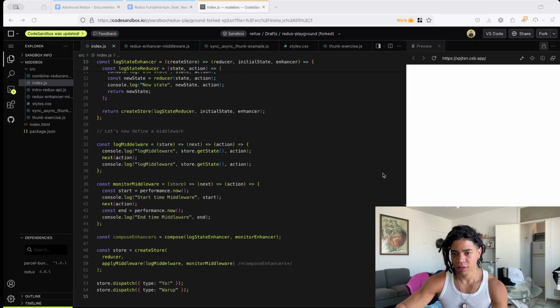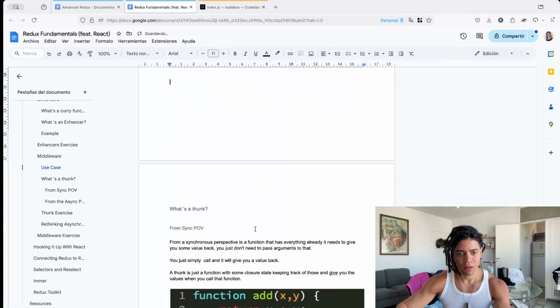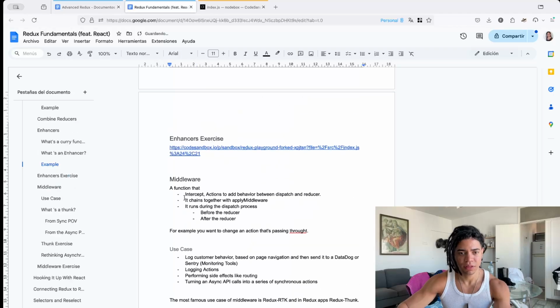Once we take a look at this, as you can see, it's actually quite fast. performance.now, that's right, exactly. So you can see that. This is now part of the exercise.